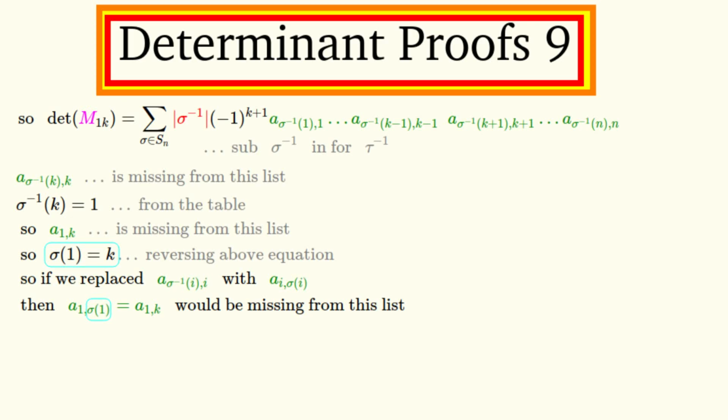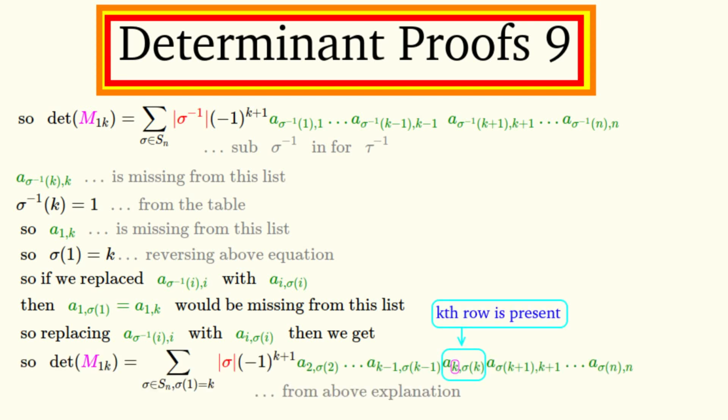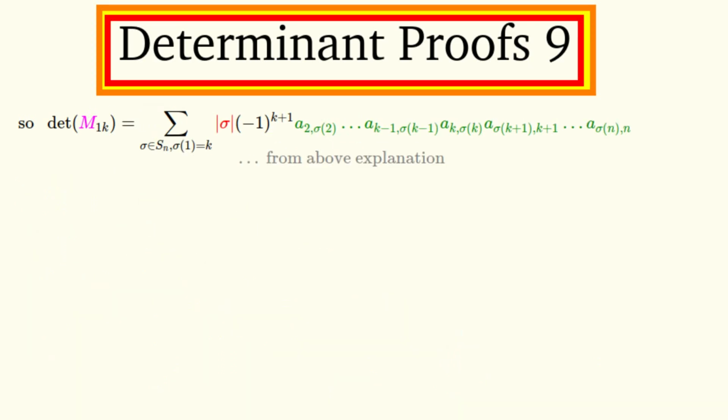We could substitute inverse sigma in for sigma, so that this first entry in the list of products would be missing from the list instead. So we'll do this substitution. And so we'll get this equation, and the kth entry of A is present, but now the first entry of A is missing. So I'll just scroll up the screen again to make room for the rest of the proof.